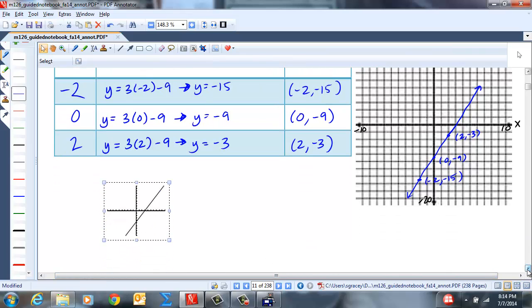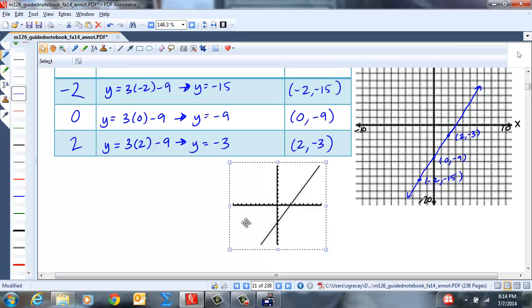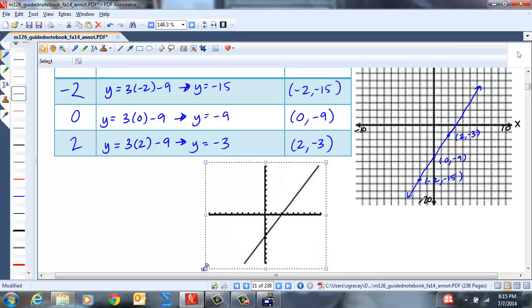Now another thing to consider, I've got a square scale here, so you might notice that this looks different. It looks pretty good, I guess. The slope looks a little bit different, and notice how the tick marks on the x-axis, if you zoom in, are bigger than these, and that doesn't have anything to do with the scale that we set.